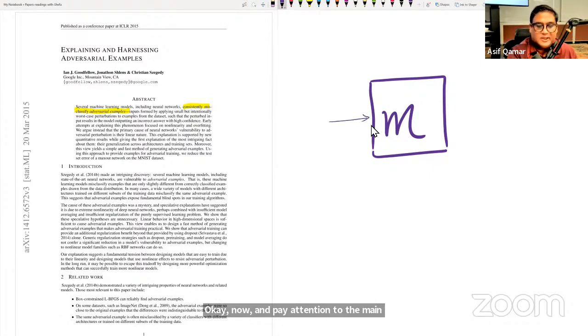Suppose I have X going in. What does a classifier produce? Y hat, which is the probability of something, let's say the probability of a panda.